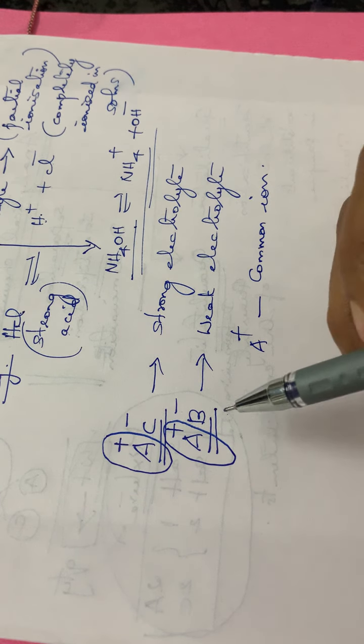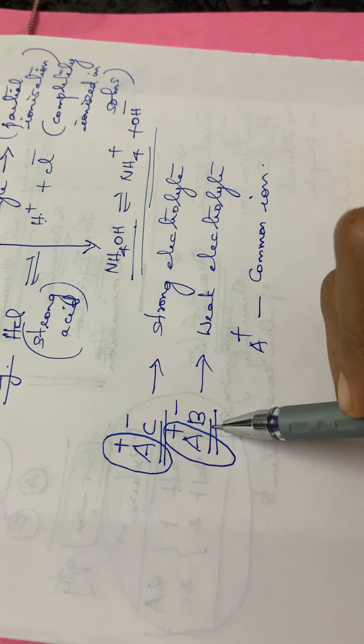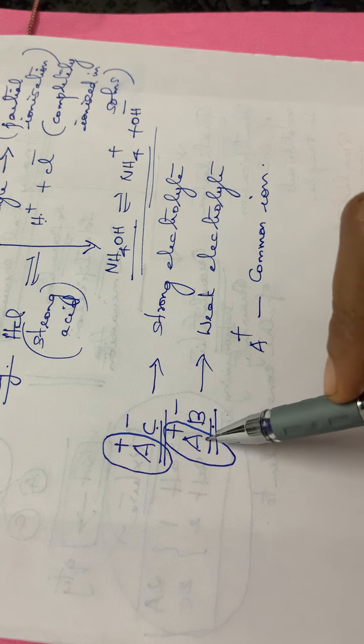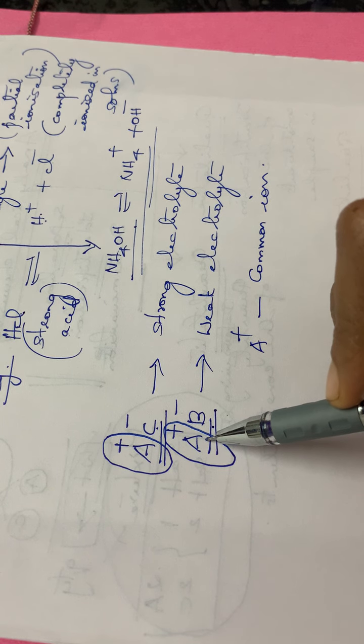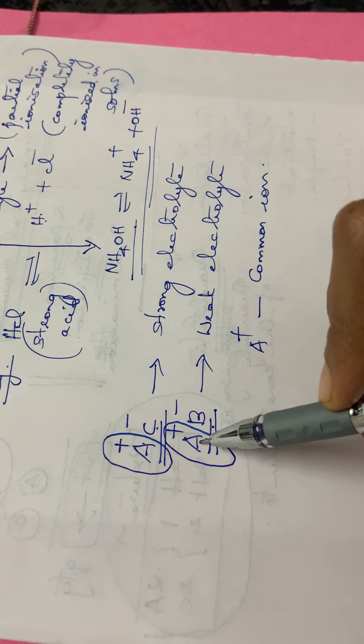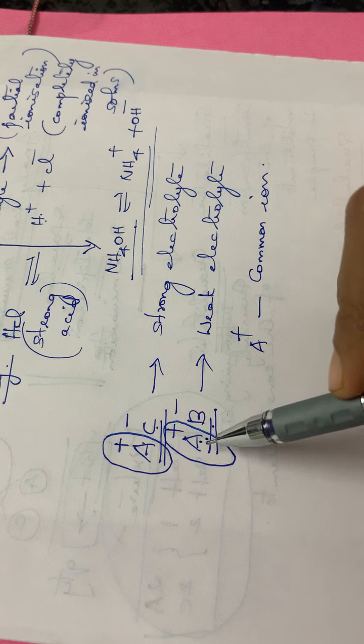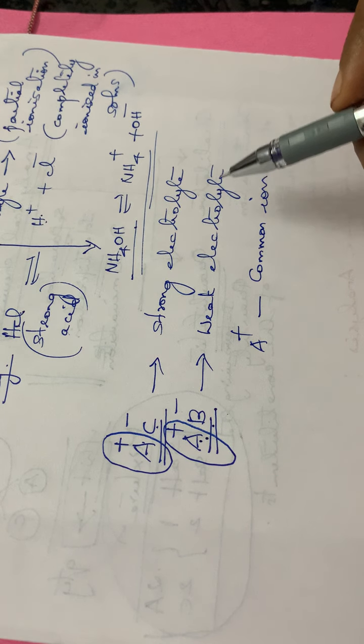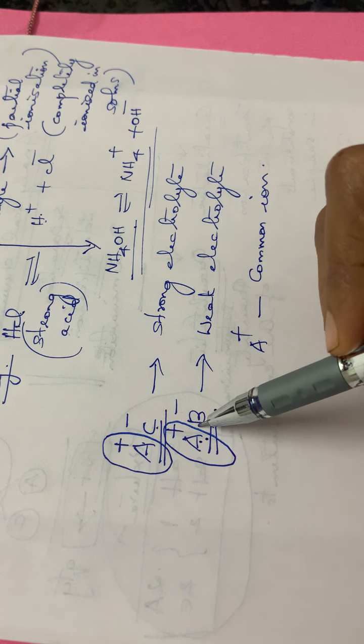So what happens is that to this weak electrolyte, a strong electrolyte is added. The dissociation of the weak electrolyte will be suppressed due to the presence of the common ion A plus. Are you clear? Suppose to this weak electrolytic solution, a strong electrolyte AC is added.